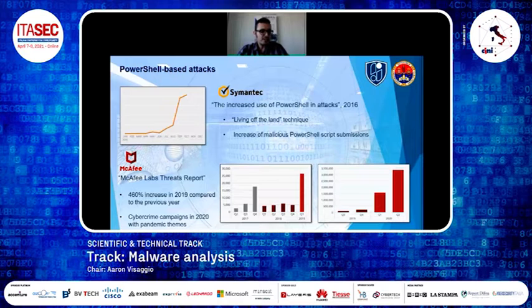Also in 2019, McAfee highlighted a 460% increase of PowerShell attacks compared to the previous year, and this increased further in 2020 due to the pandemic.